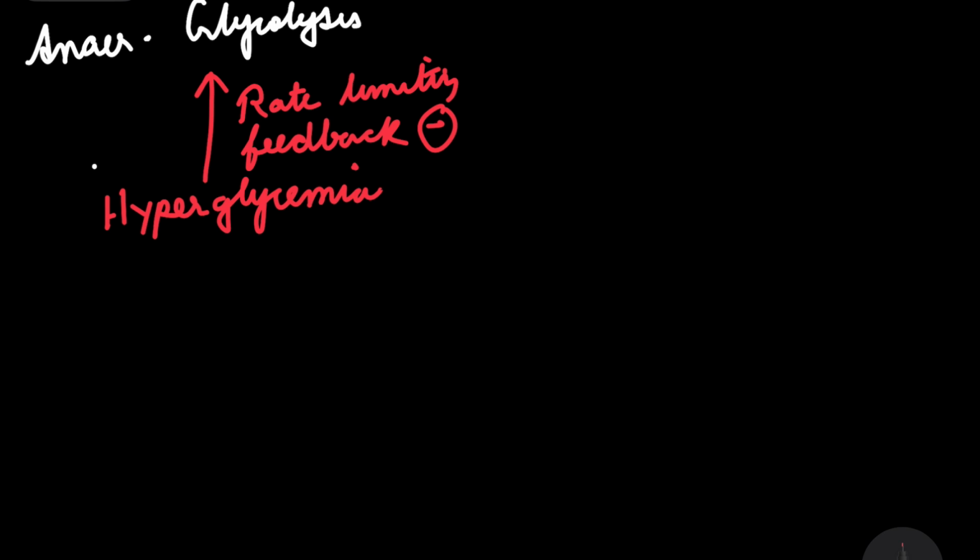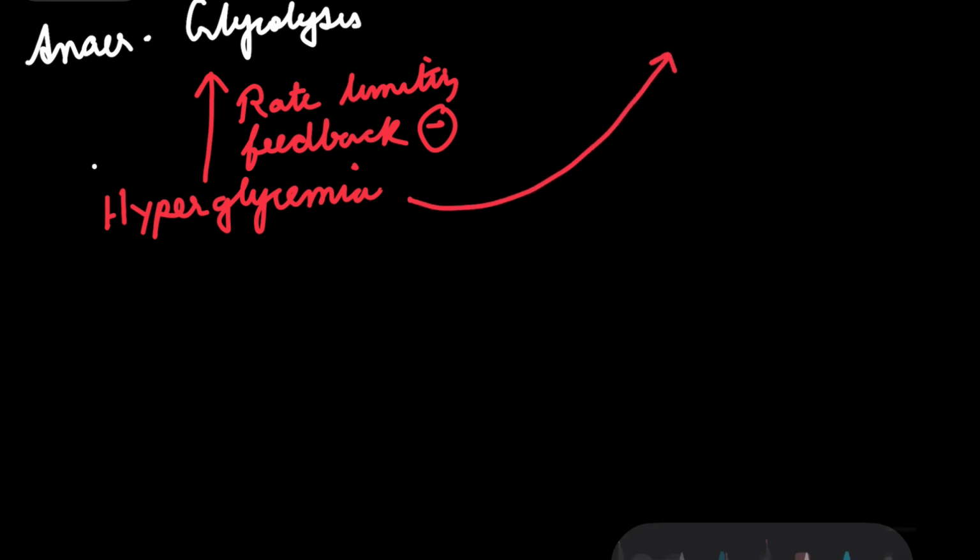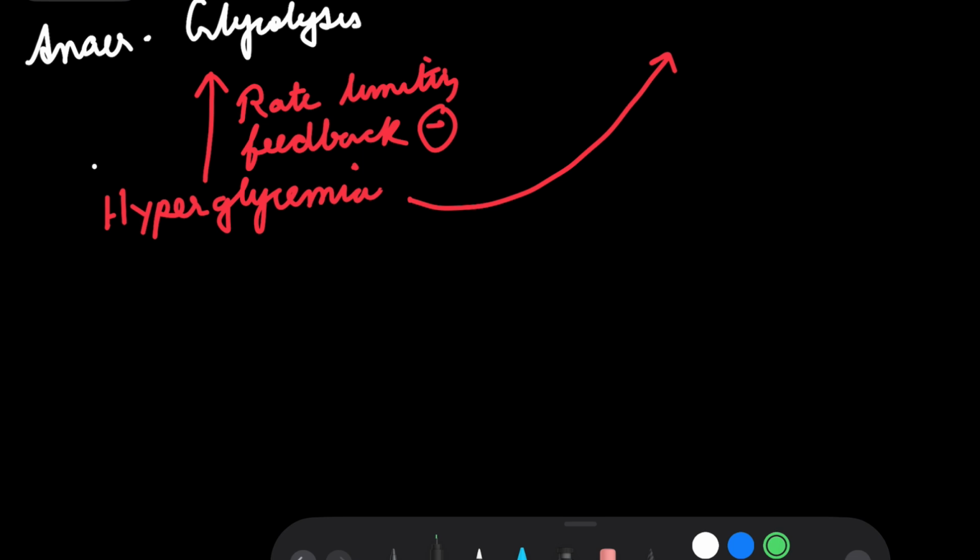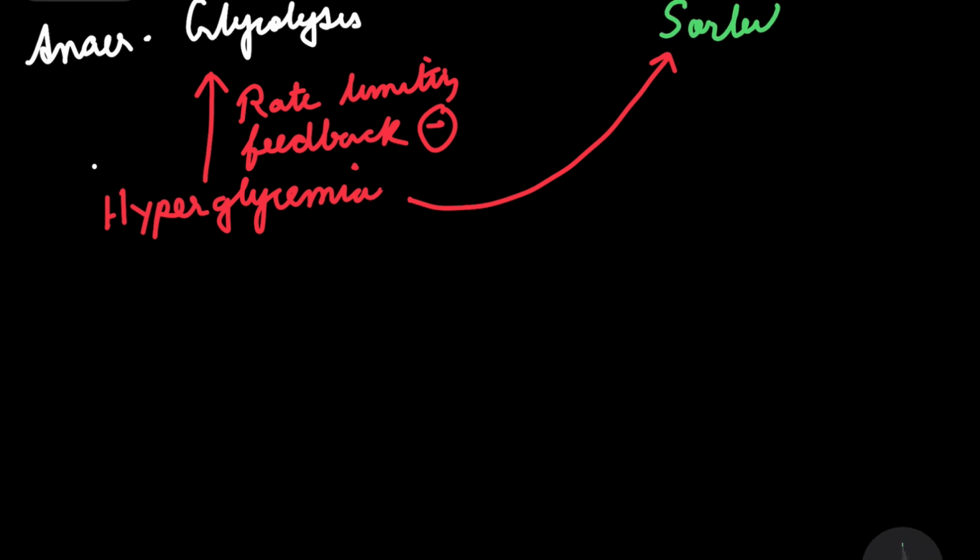But due to hyperglycemia, there is now a rate limiting feedback inhibition of glycolysis. So no longer will glycolysis take place, and the other pathways will become more active. Even more active than the Krebs cycle will be the sorbitol pathway. So the sorbitol pathway becomes active when there is hyperglycemia.